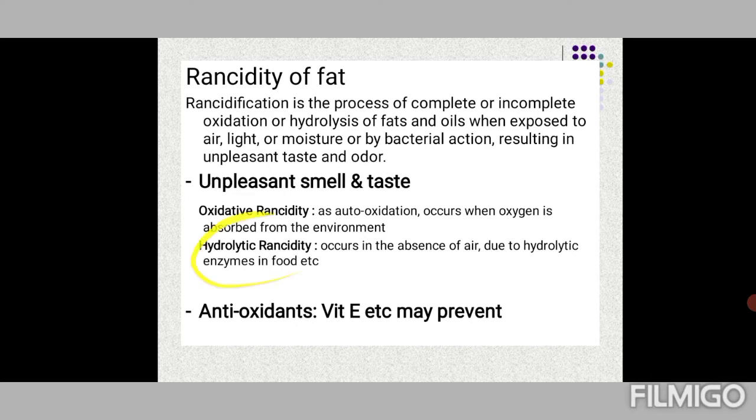Whereas hydrolytic rancidity does not involve air or oxygen; it is because of moisture and also some enzymes. Enzymes may be due to contamination by microorganisms, or it may be due to poor storage techniques. So anyhow, this can indicate the poor quality or poor taste and smell of the stored fat.